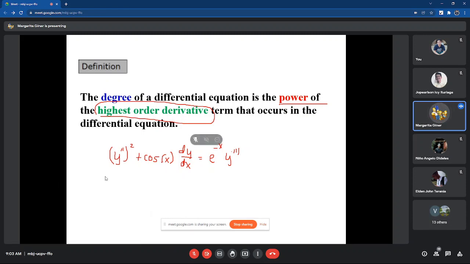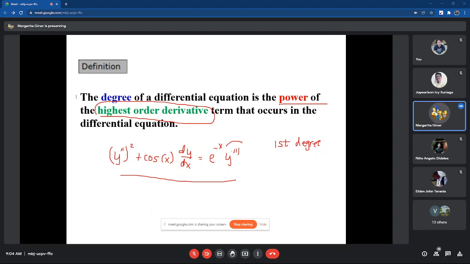So, what is the degree? Okay, in this case, the degree is first degree. Kaya, according to the definition, the degree of a differential equation is the power of the highest derivative. So, although the highest exponent here is 2, the y second prime is not the highest derivative.